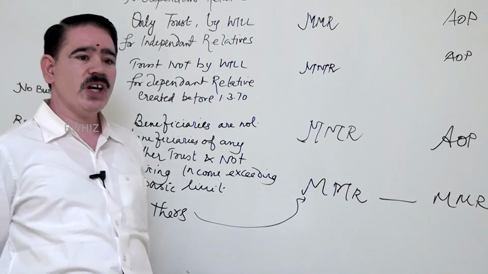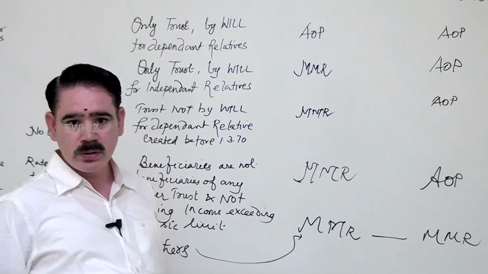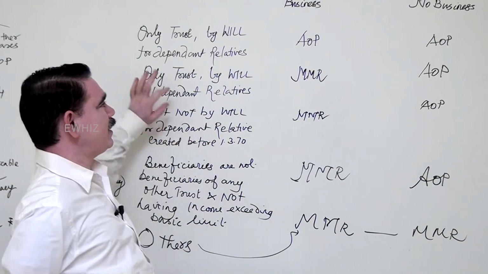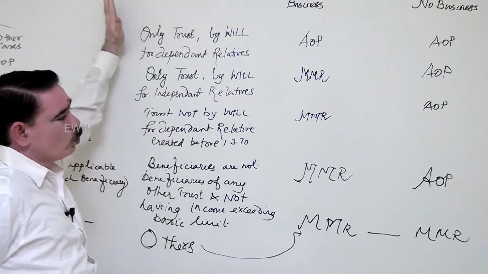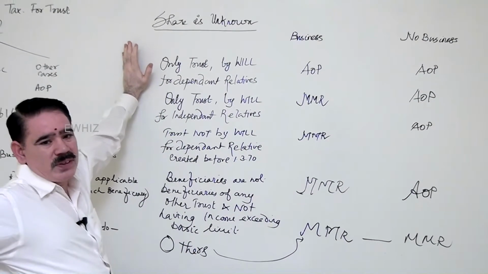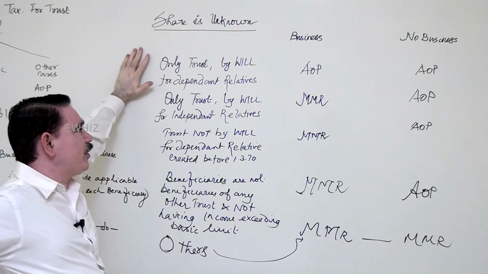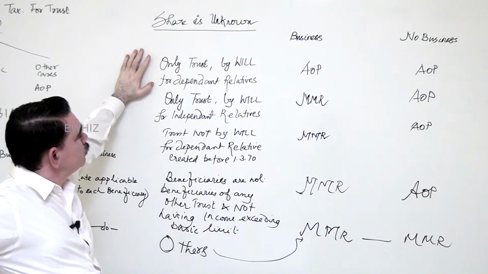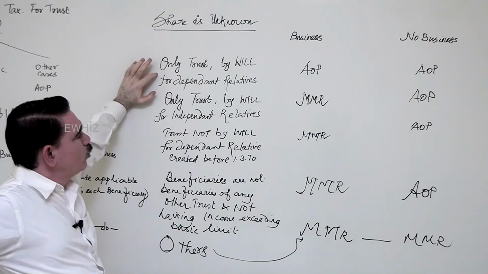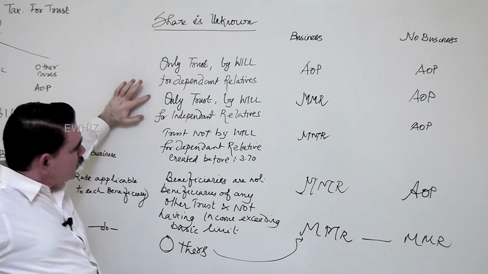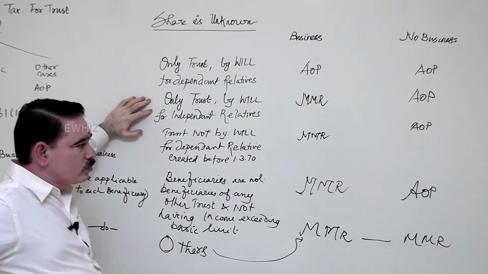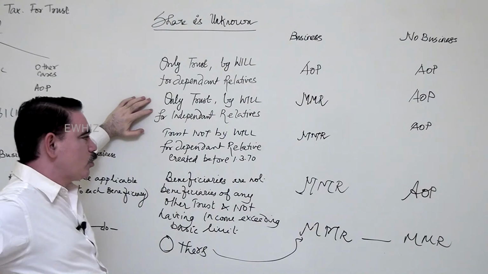So, when the shares of the beneficiaries are unknown, but that trust happens to be only trust created by will of the settlor for the dependent relatives of the settlor, then it will be AOP for both. Only trust created by will but independent relatives: business MMR, otherwise AOP.